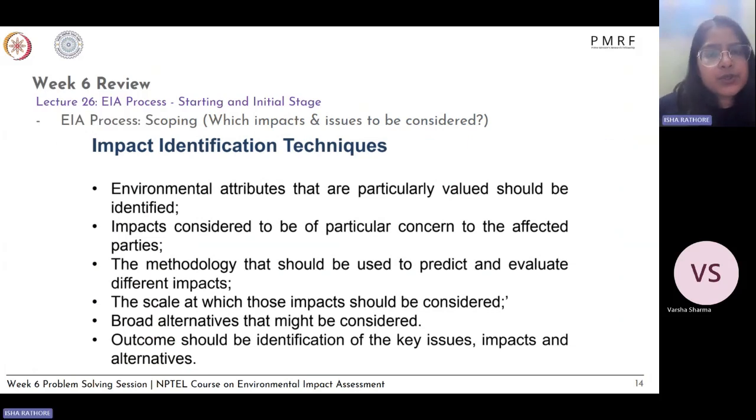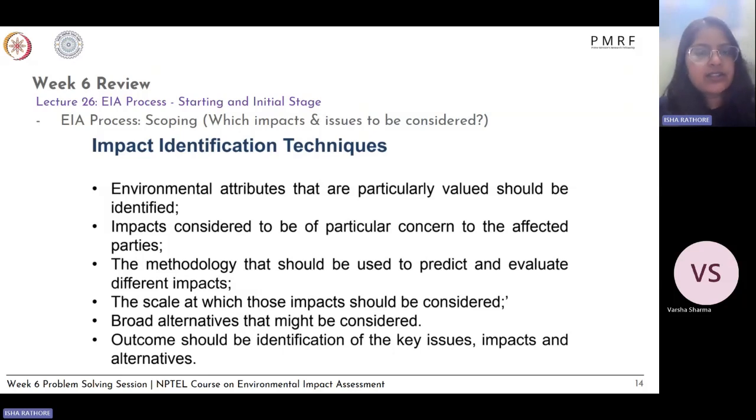Then in EIA, we also look at which impacts and what issues need to be considered. So we have impact identification techniques, like environmental attributes that are particularly valued should be identified. For example, a river and dam project will have a significant impact on environmental attributes like water, soil and geology, as well as social attributes, where villages or people who are dependent on the river might have their livelihoods affected.